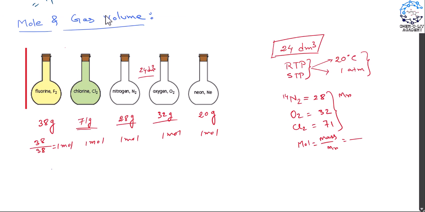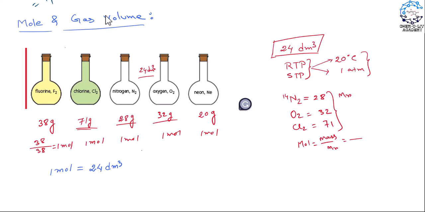So 1 mole of any gas at room temperature pressure or standard temperature pressure occupies 24 decimeter cube of volume, irrespective of the gas. You can take any gas, for example a compound gas also, like carbon dioxide. So 1 mole of carbon dioxide will occupy how much volume? You have to calculate the MR for carbon dioxide.